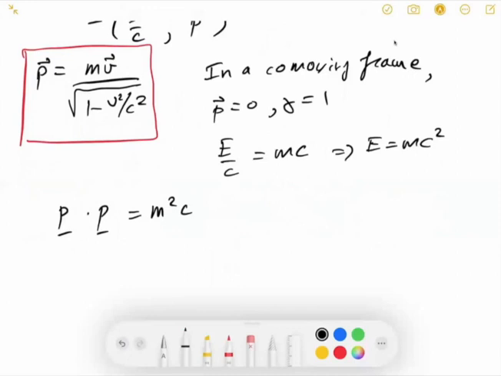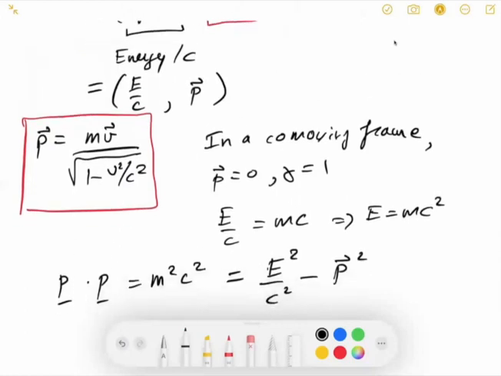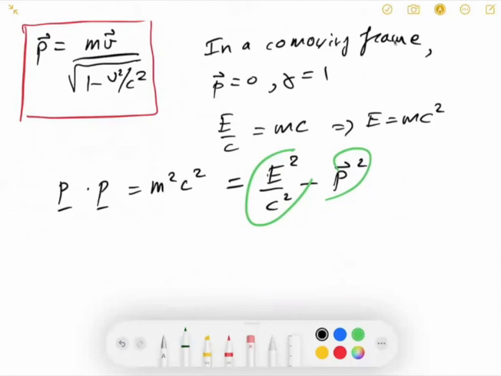But there's an extra C. Yes, so it would just be E over C squared. And we can write that as E over C squared minus the classic momentum squared, right? So we have E squared and P squared. So E over C squared, P squared. Okay.